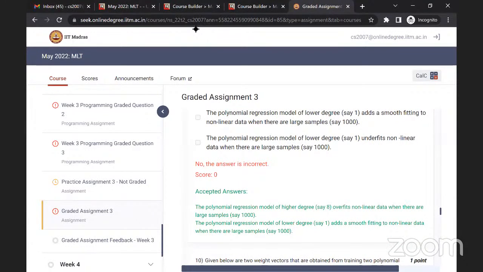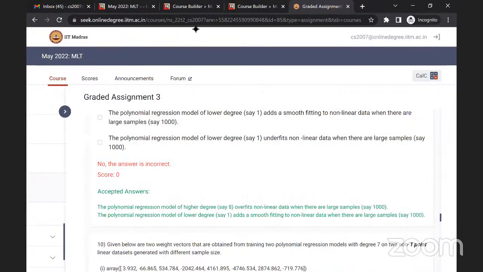Actually, if you increase the training data, the model will fit better. Right. So that's one way, but since the degree is high, it will overfit, and the data samples are small. So if you take large samples and the degree is high, then it will tend to overfit the data.